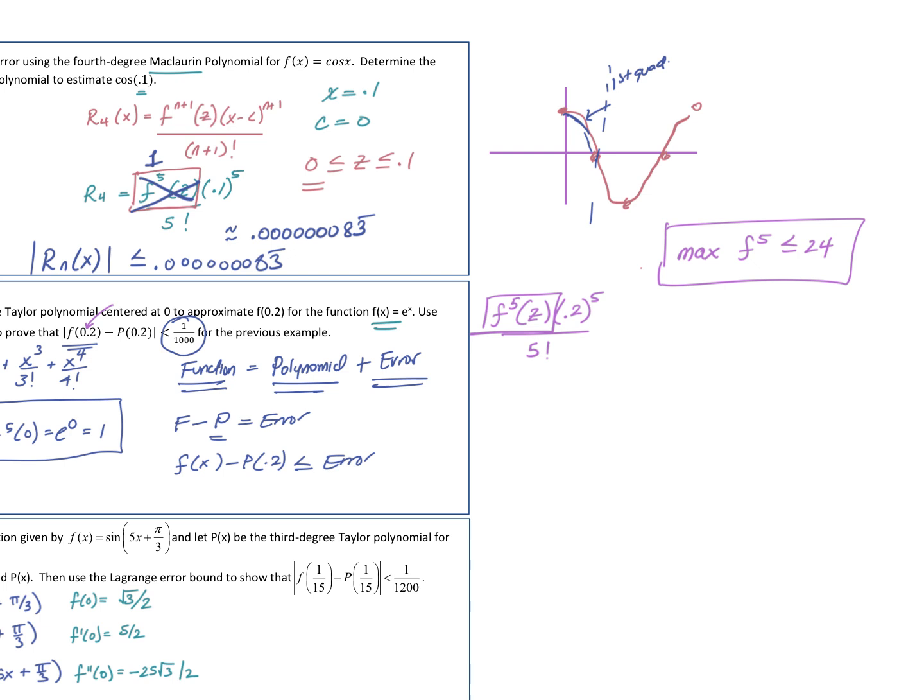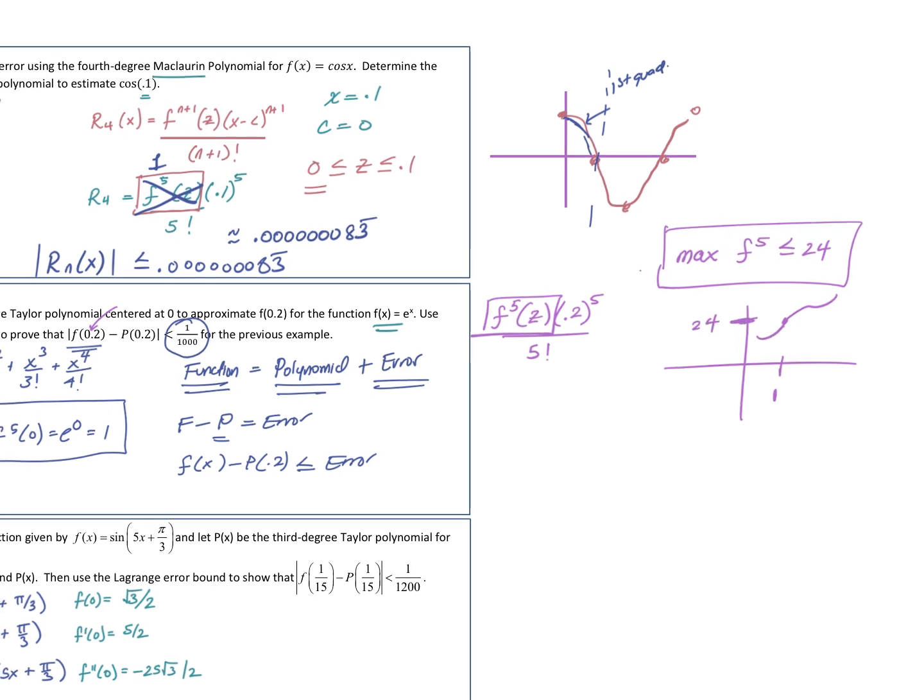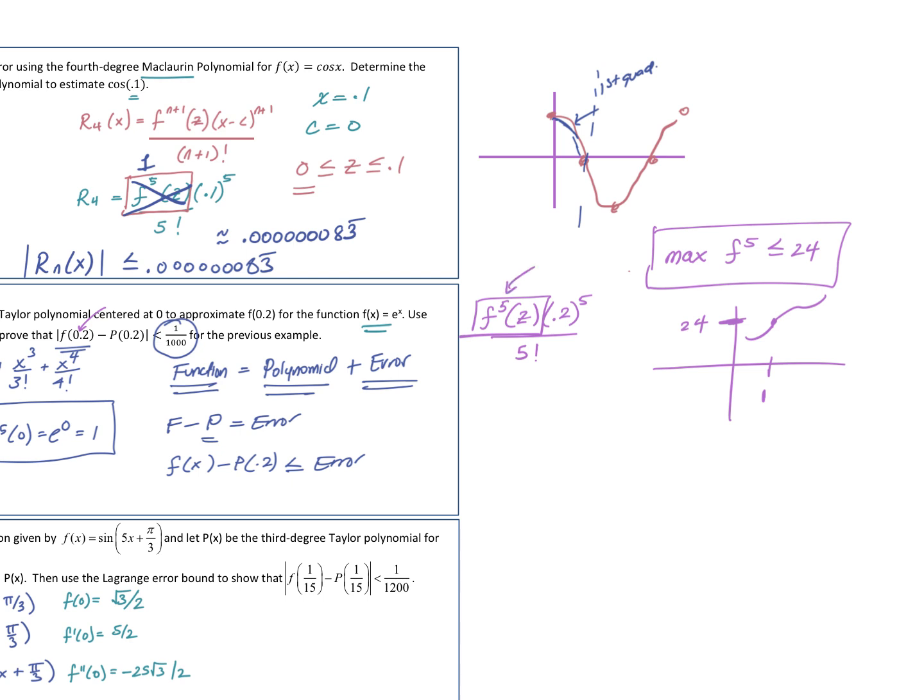Sometimes they'll give it to you indirectly in a graph. They'll say this is a graph of the 5th derivative, let's say it's centered at 1, and then they'll plot it here, and you need to figure out what this max value is going to be. So we do know normally it should come between the center, which is 0, and the x value, so maybe between 0 and 0.2.